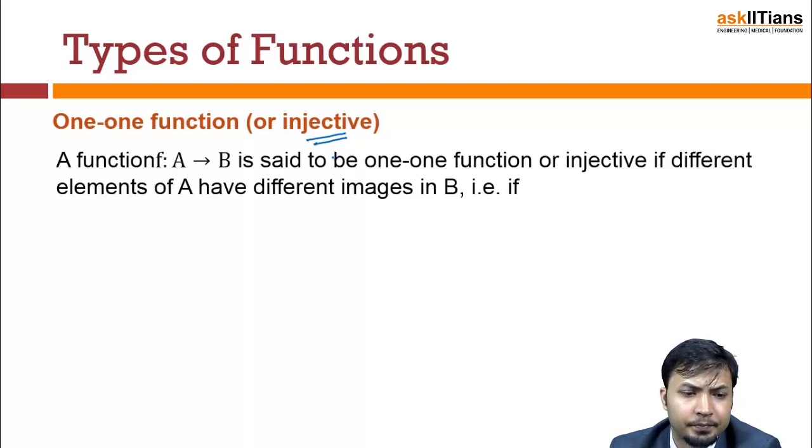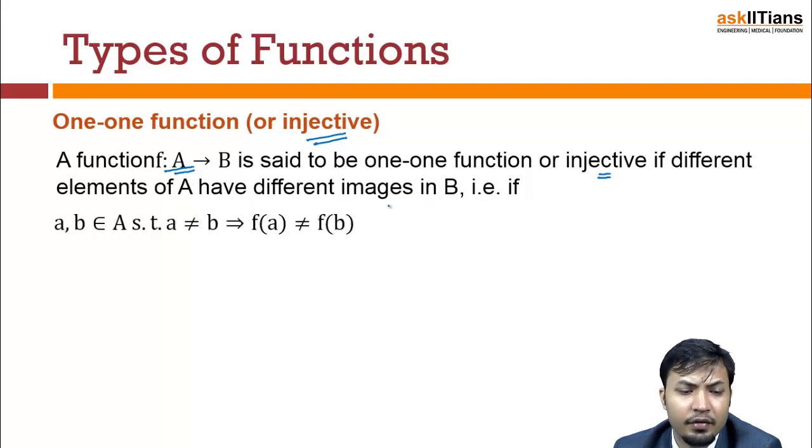What does it say? Any function from A to B is said to be one-one or injective if different elements of A have different images in B. That is, if a and b belong to A such that a is not equal to b, then f(a) is not equal to f(b).